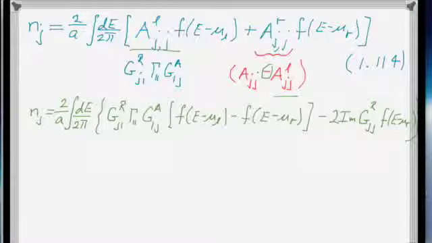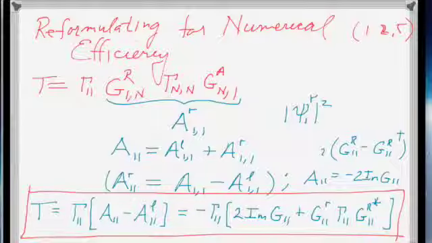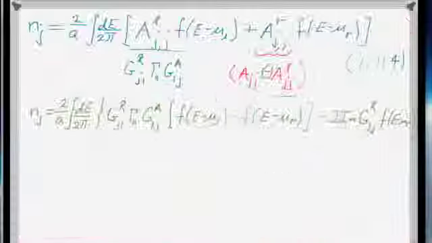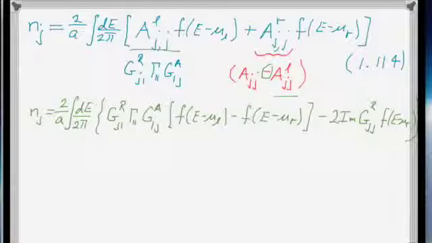So getting the electron density is a little harder than getting the transmission. For the transmission, we showed all we need is a 1-1 block of the Green function. To get the electron density is not quite so easy, but this is the simplest expression we can come up with.